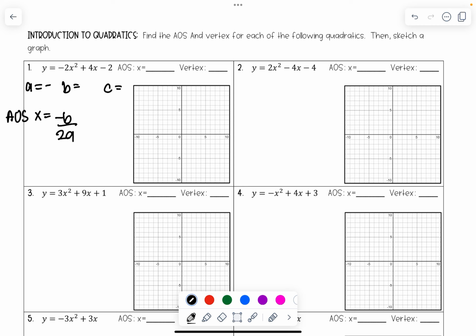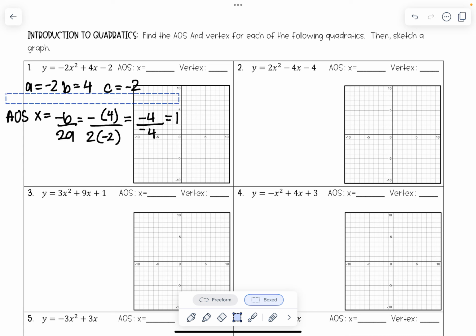For number 1, a is negative 2, b is positive 4, and c is negative 2. Now that I have this information, I can start plugging it in. Opposite of b over 2 times a. b was the number 4, a was negative 2, and so this would simplify to negative 4 over negative 4, which is really just 1.